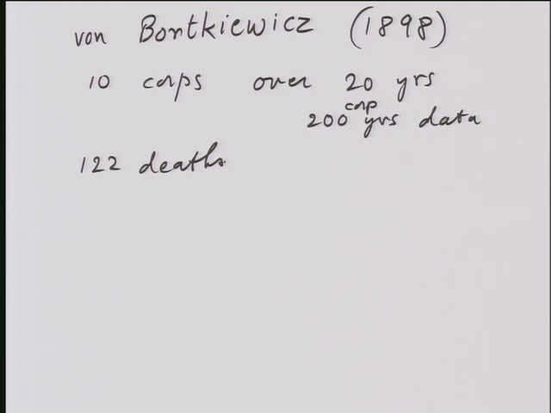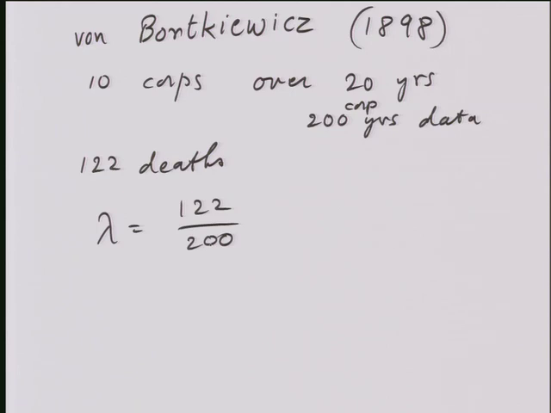You divide 122 by 200, that's your rate. So lambda equals 122 divided by 200. Now ask any question and you know the answer. What's the probability there would be no such deaths? It's e to the minus lambda.